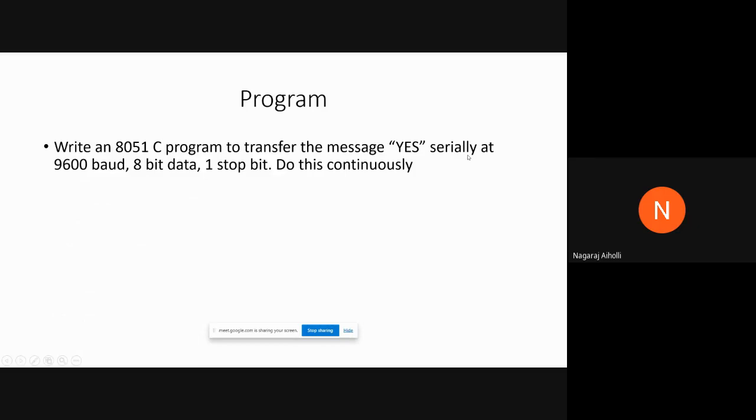In the examination, they may give a different message here instead of yes, and that message is to be sent serially with the given 9600 baud rate, 8-bit data, one stop bit and one start bit, continuously. So they may change the message, and accordingly you have to use the characters in the message given in the program and send those characters serially. Fine.